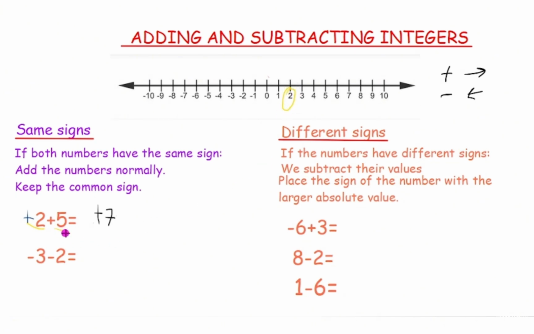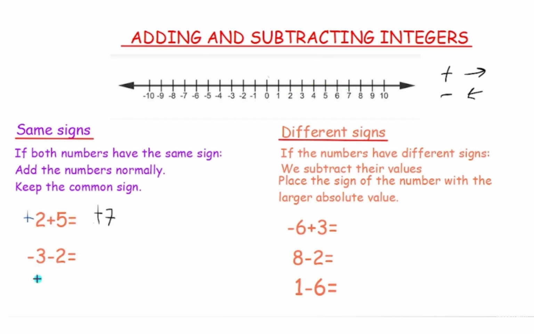From here, what will I do? I'm going to add 5. I'm going to move to the right. How many units? 5. Now 1, 2, 3, 4, and 5. Here I've added 5 units. What number did I end up on the number line? On the number 7. Is it the same as the one we calculated with the practical rule? Yes, that's right.